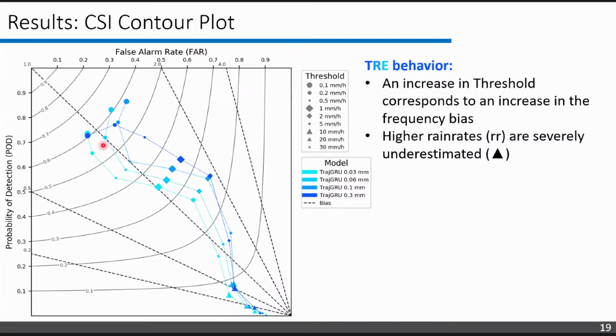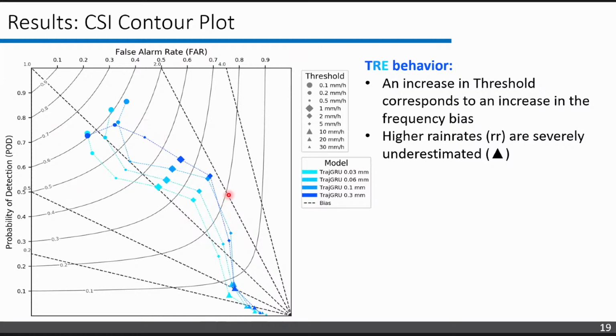And here you can see the performance of the four ensemble members and how they show this conditional bias. The conditional bias is that we are overrepresenting the lower and mid rain rates, basically, but we are severely underestimating the number of pixels with high rain rates. This is the typical problem of training a model using some kind of averages, which is usually what you do using deep learning.